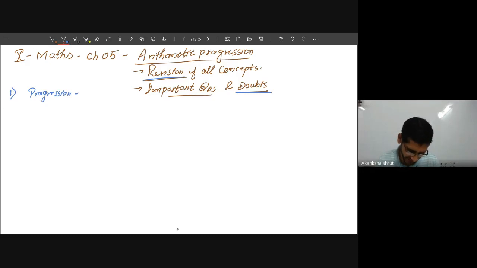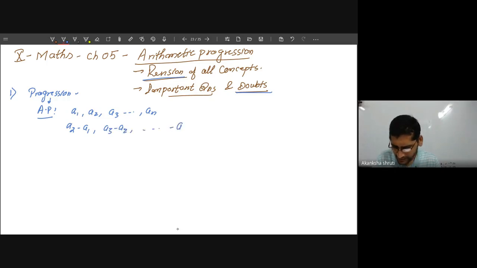But in this we have to learn about AP only, and it has the characteristic that A1, A2, A3 going on to AN are in AP only if the differences A2 minus A1, A3 minus A2, going on, even An minus A(n minus 1), are fixed.